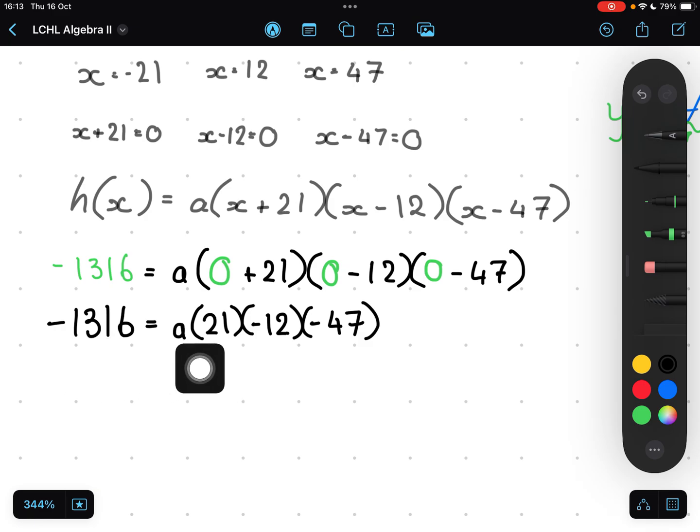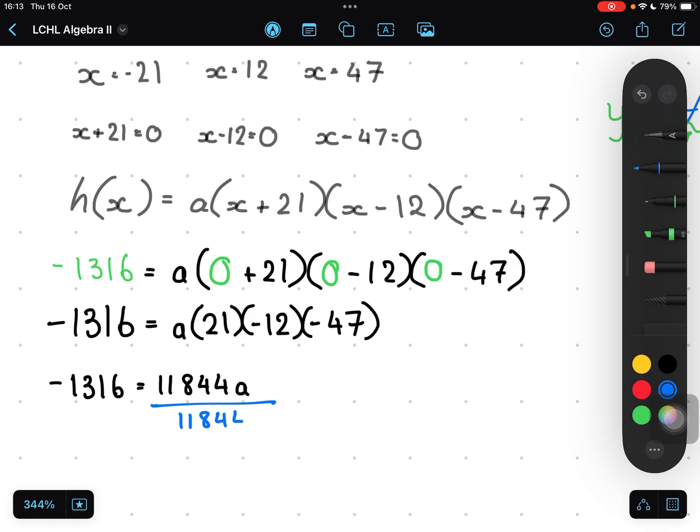So I'm going to do my calculator: 21 by minus 12 by minus 47. I'm going to get that minus 1,316 is 11,844 A. So I get A by dividing by what's multiplying it, so 11,844, and also dividing this side by the same thing.